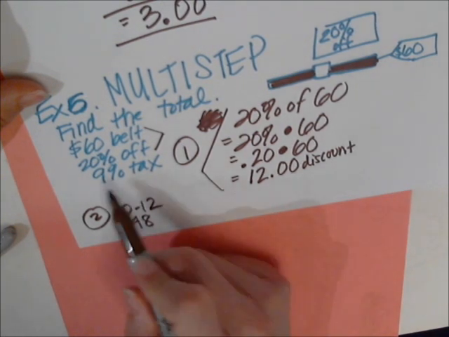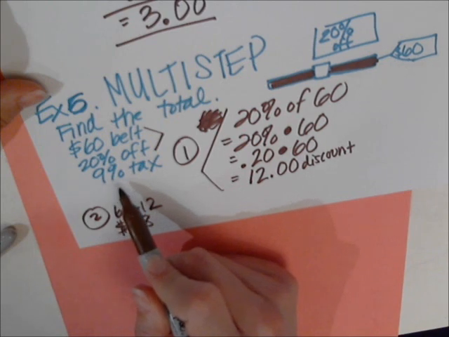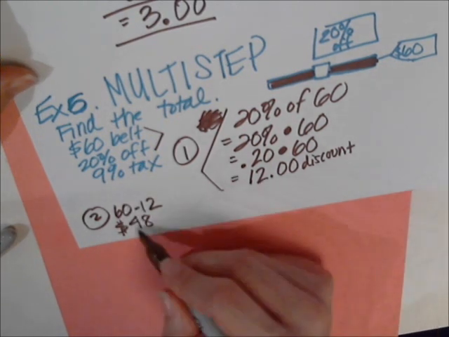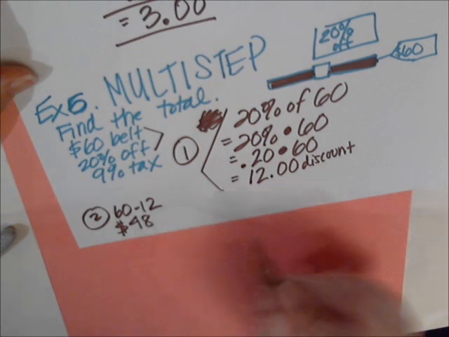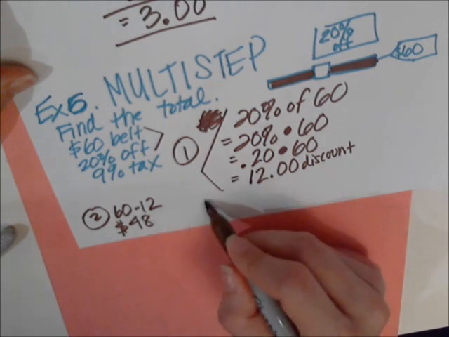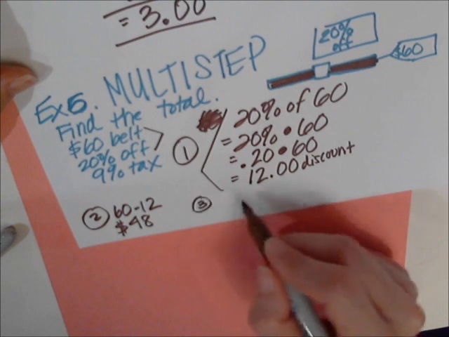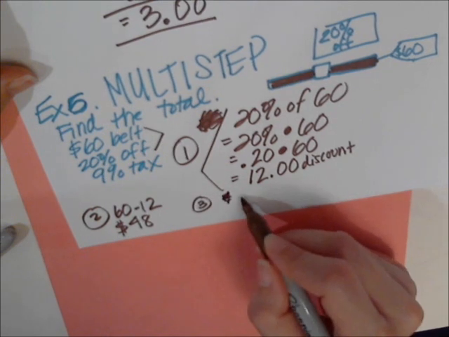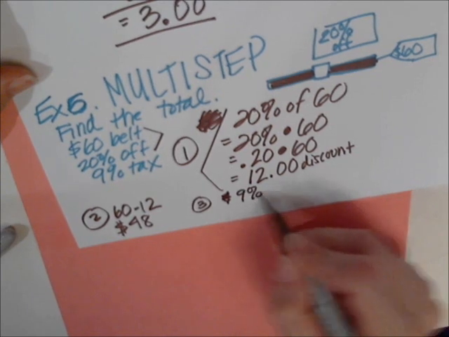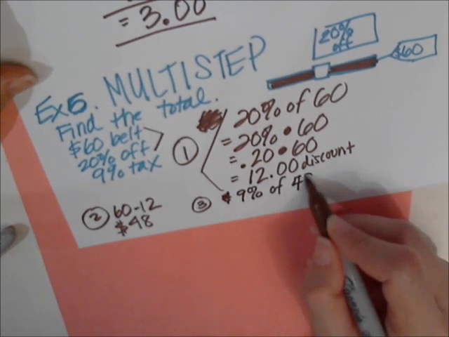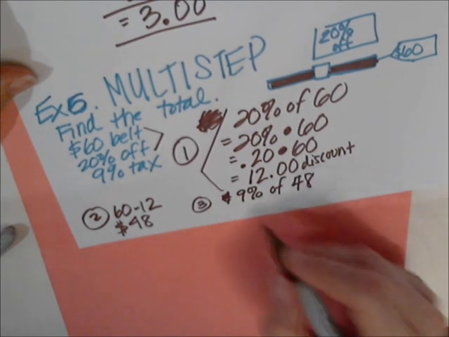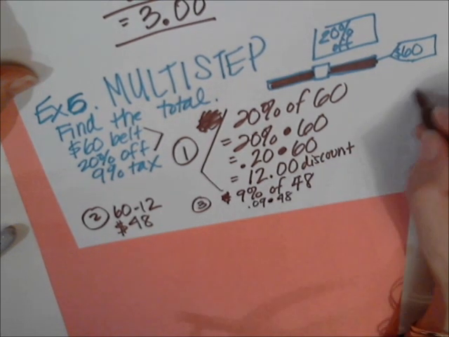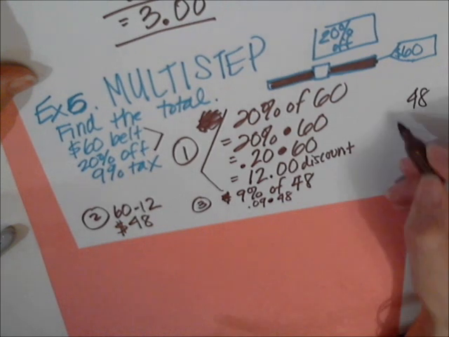But now I have a 9% tax. So I have to add 9%. So we're going to take 48 now because that's our sale price, and we're going to find 9% of 48. And that is going to be 0.09 times 48. I'll do that work over here.